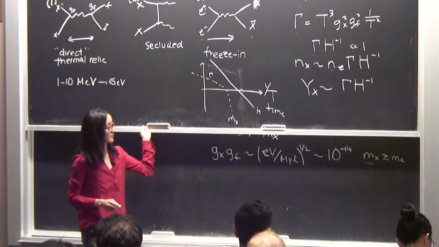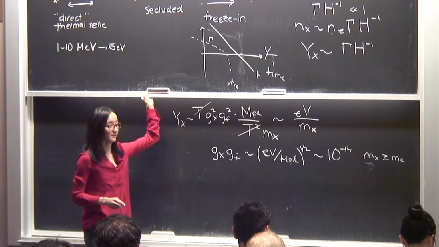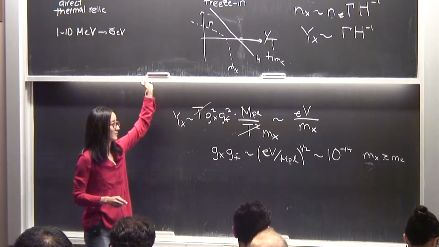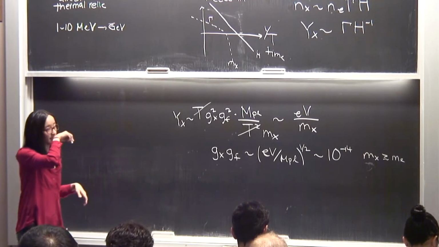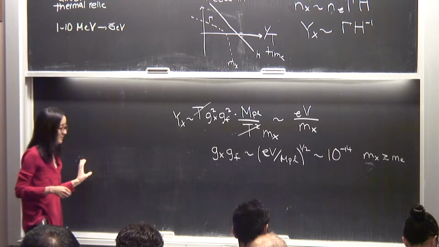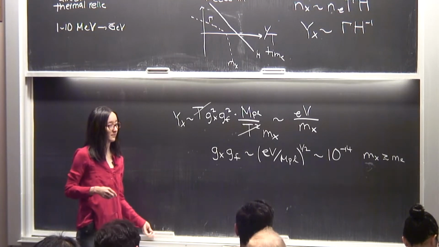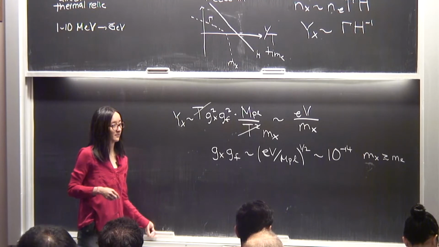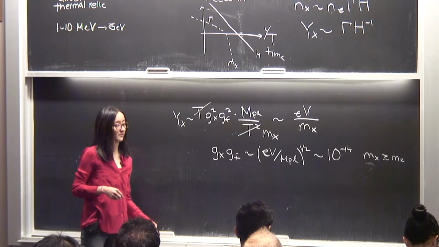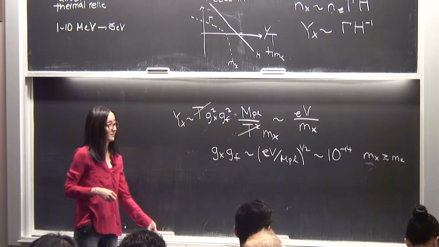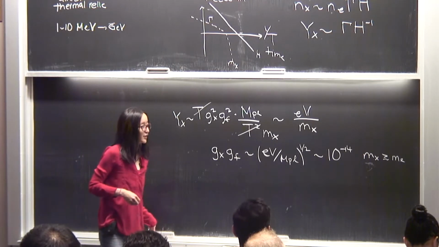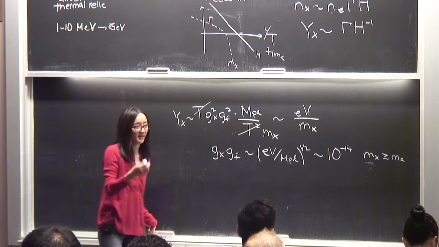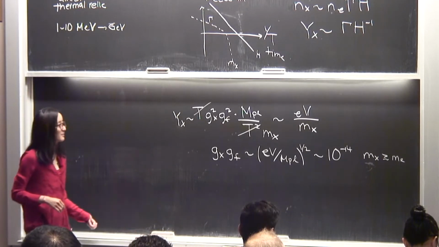So we've had a lot of different lower bounds on the thermal relic dark matter in the last several lectures, and I wonder why they are so different. We've had ranges saying it can't be below 1 keV, can't be below 1 GeV, can't be below 10 MeV. Why the big range of stated bounds? There are a bunch of different bounds, and obviously all of them have different assumptions.